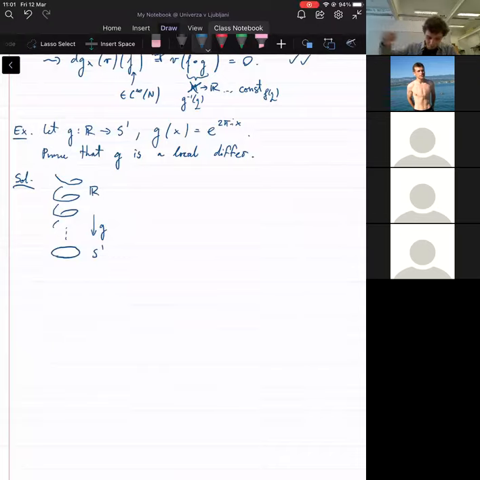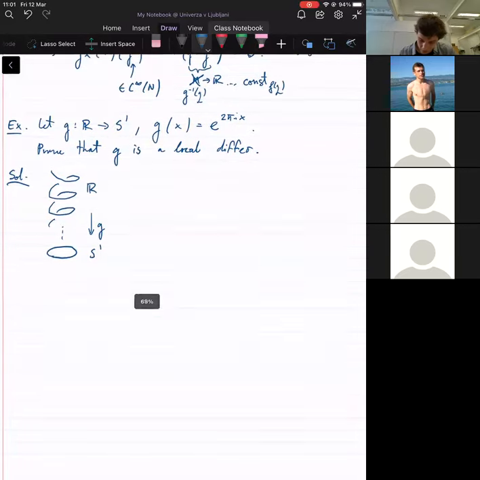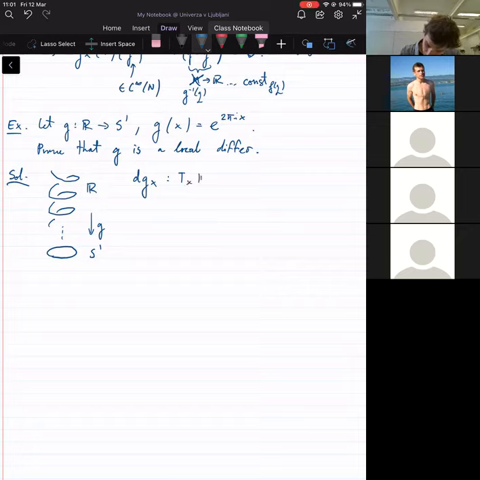You are kind of twisting this R onto your S^1. Now we're going to take a look at the map dg_x that goes from T_x R into T_(e^(2 pi i x)) S^1.